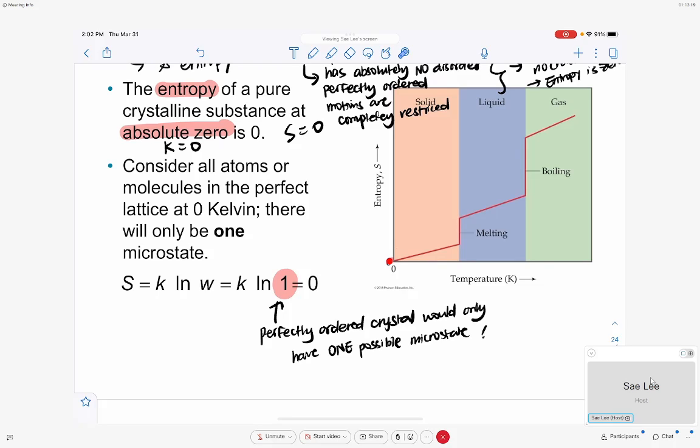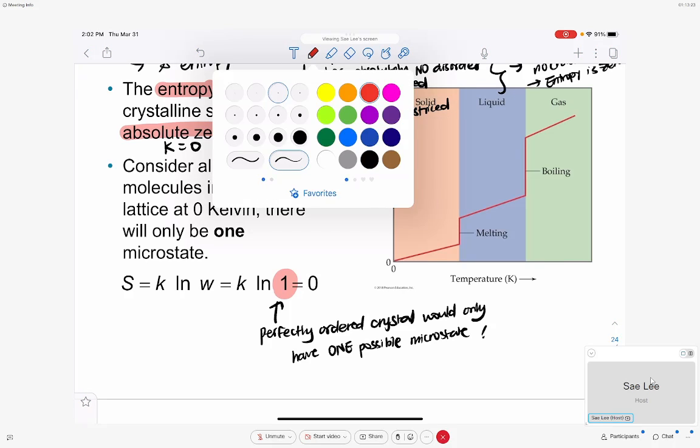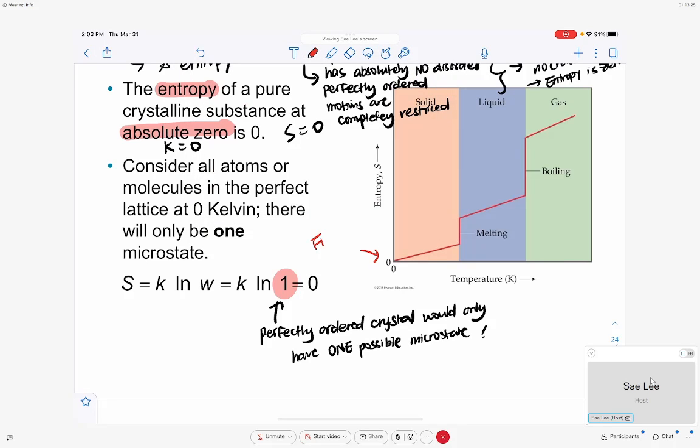Look at this point. Using S equals 0 as a fixed point, a baseline, a reference point, this is the lower bound.